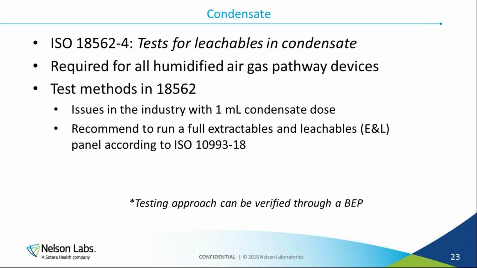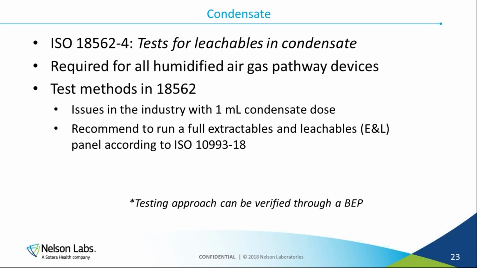And so this is where we do it with a water-based extract just on the internal portion of the pathway. So this is another thing that you would want to write in your initial BEP and submit to an agency or justify in this initial BEP so you can have the scientific rationale for the testing that was performed.